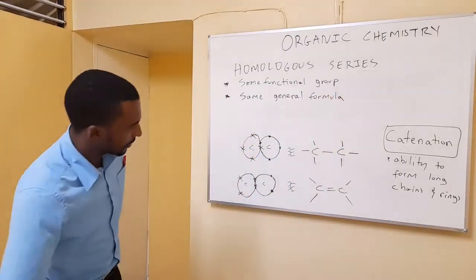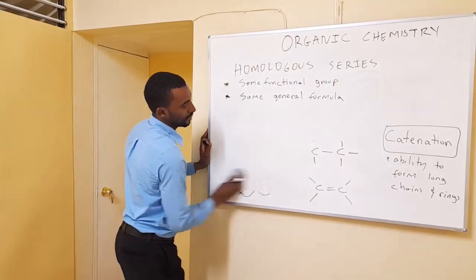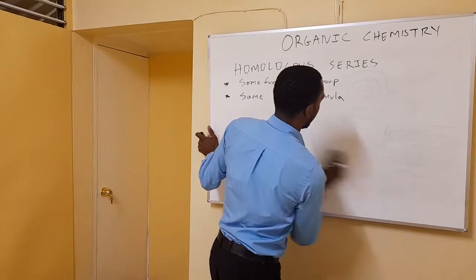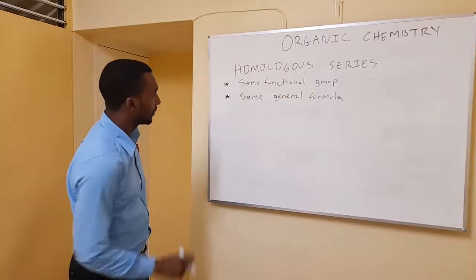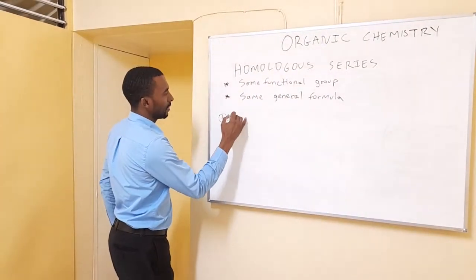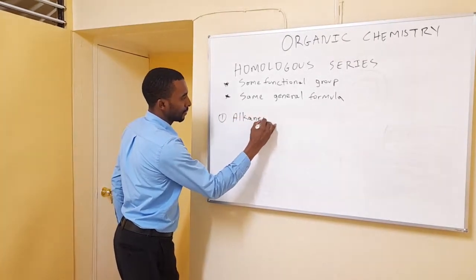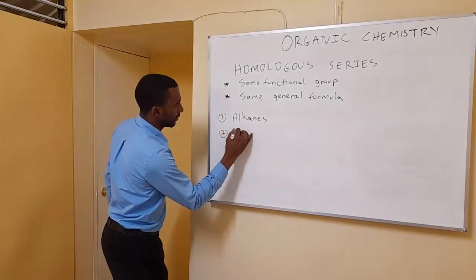And examples: you have 4 main examples that you need to cover for O-level chemistry. You have alkanes, and we have alkenes.